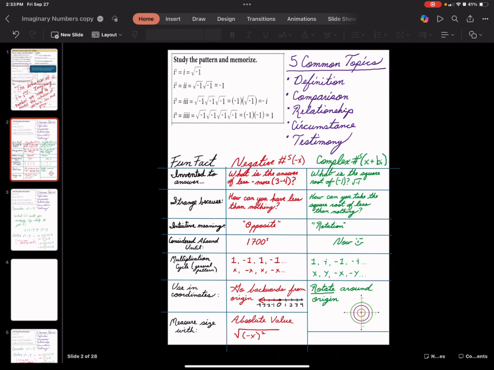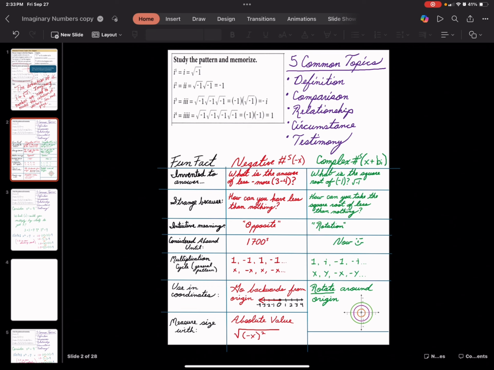So in classical models, we use our 5 common topics: definition, comparison, relationship, circumstance, and testimony. We're going to use a lot of our definition, comparison, relationship in talking about this especially, and we may hit on some circumstance.